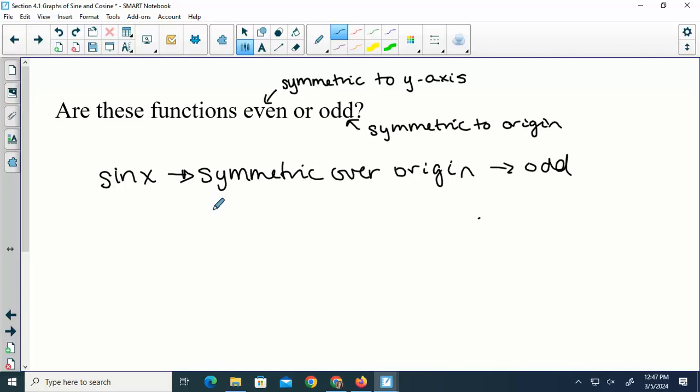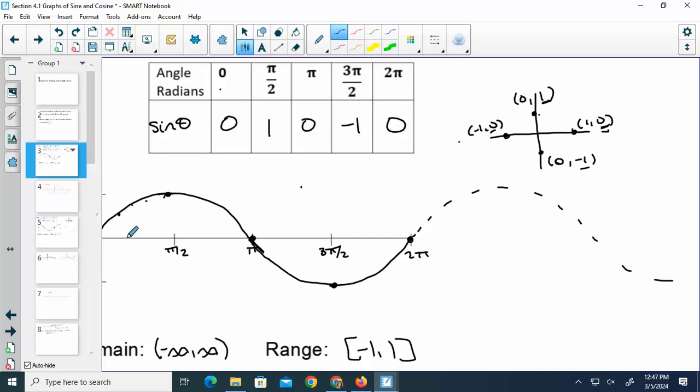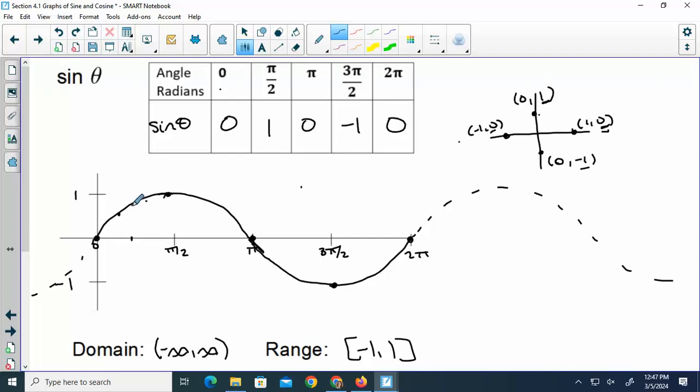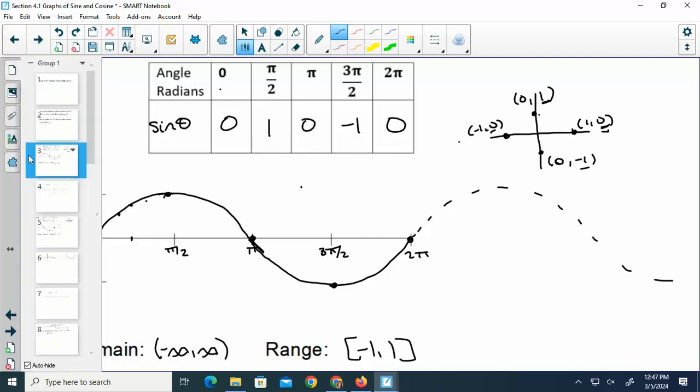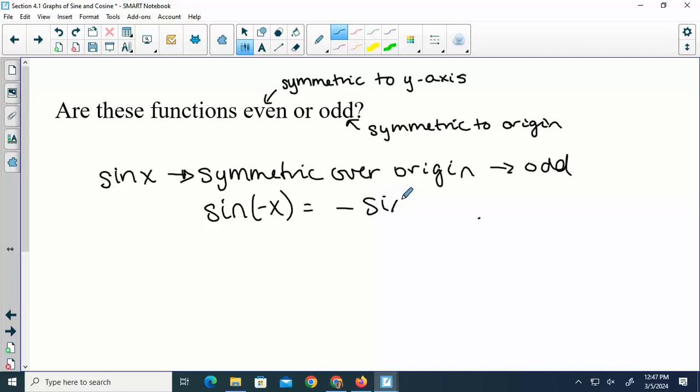The definition of odd, and this is going to be a very useful fact, is if you have a negative angle. So if I think back, here's the sine of pi over 4. Sine of negative pi over 4 is the opposite of that. So if you have a negative on your angle, you get the opposite of regular sine.